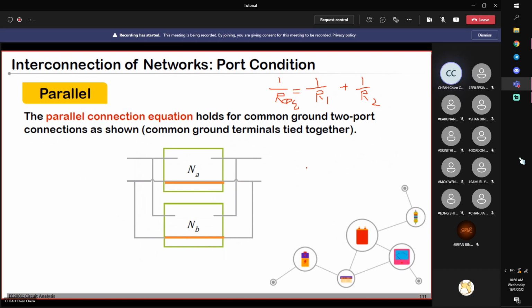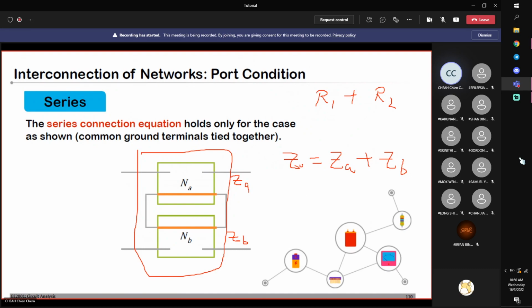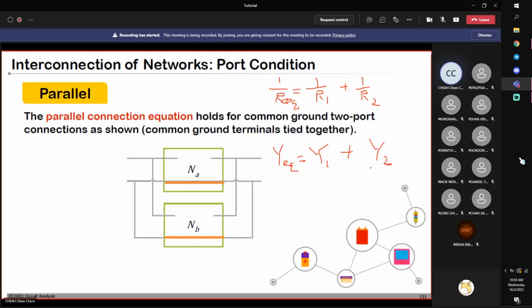Same thing, if you have two-port networks in parallel, a more general concept is called admittance. So you add up the admittance Y1 plus Y2, then you get the equivalent admittance. For the series case, you get the equivalent impedance; in this case, you get the equivalent admittance.